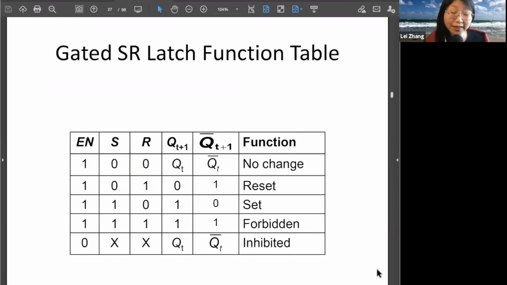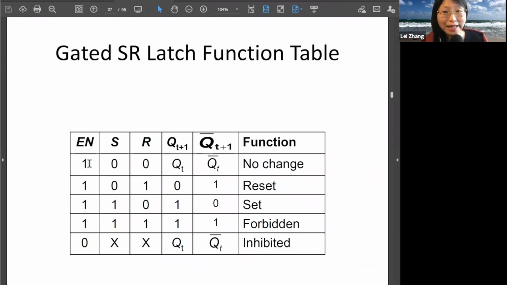Okay, so the gated SR latch function table. You can see the first 4 rows are exactly the same as the basic latch. The only additional signal is enable. The last line shows what the enable signal does.